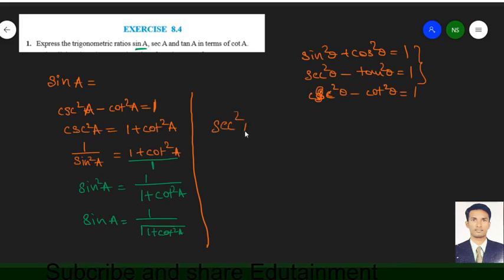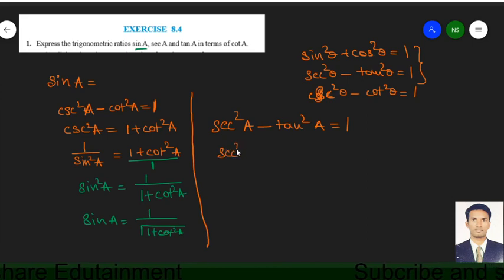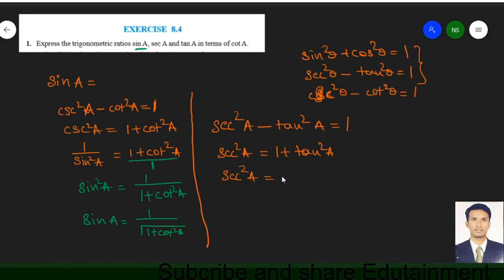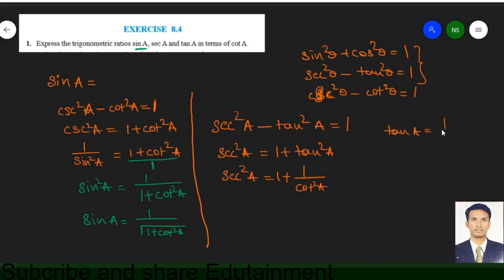Secant square A minus tan square A, which is equals to 1. Secant square A is equals to 1 plus tan square A. But we don't want tan here, we want cot. So secant square A, 1 plus, I can write this one as 1 by cot square A. Why? Because tan A is equals to 1 by cot A.